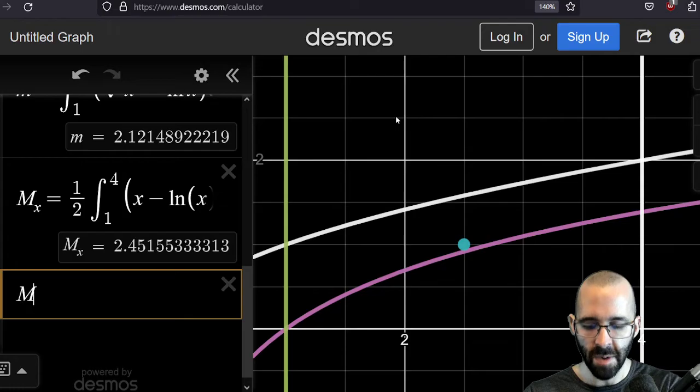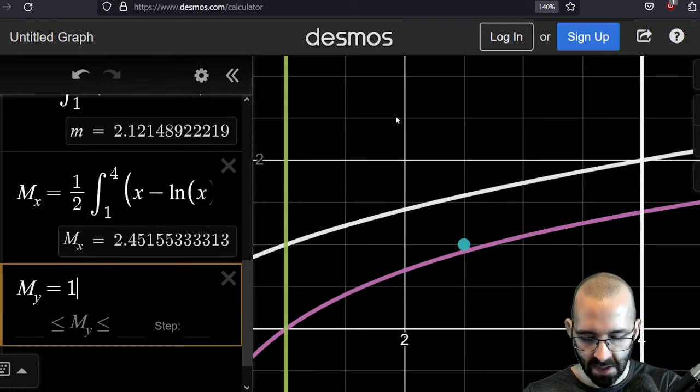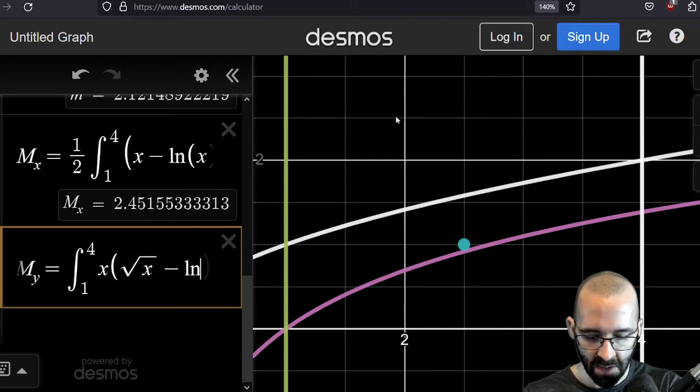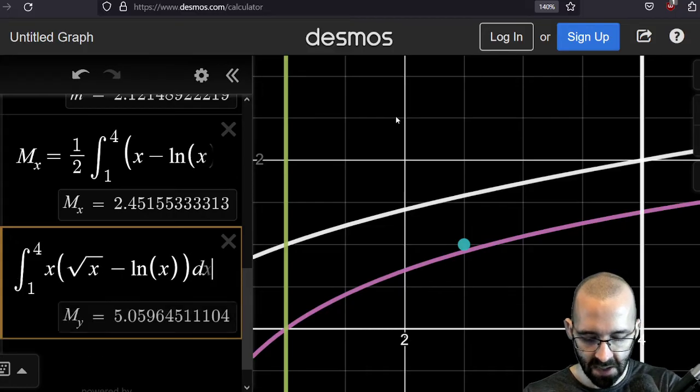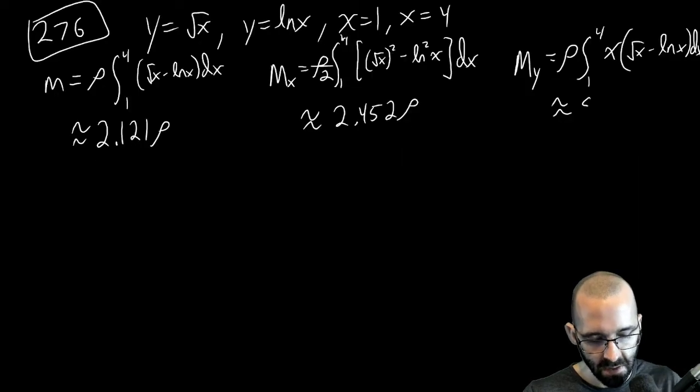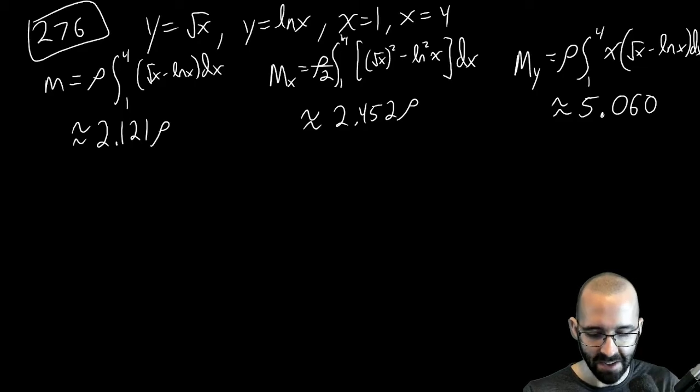And the moment with respect to the y-axis is just going to be rho times the integral from 1 to 4 of x times the square root of x minus ln of x dx, like so. About 5.060. It's entirely possible I've made a mistake. We'll see though.